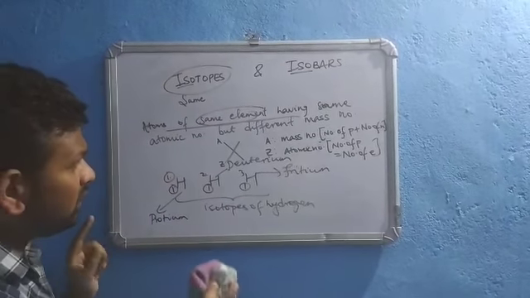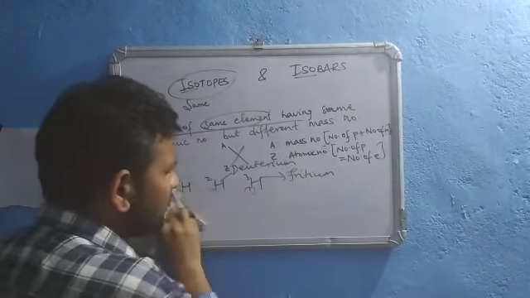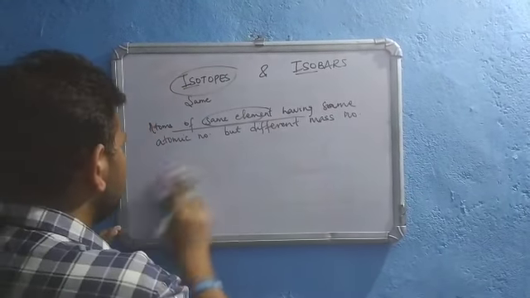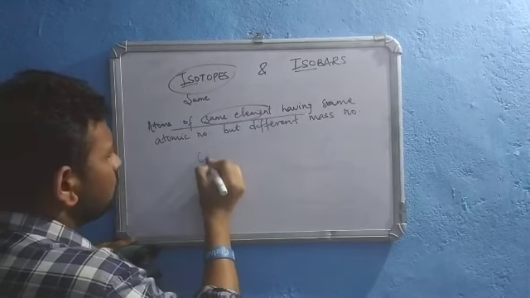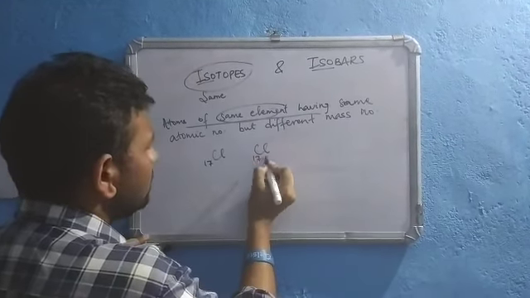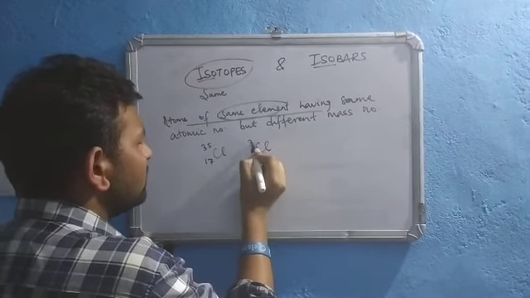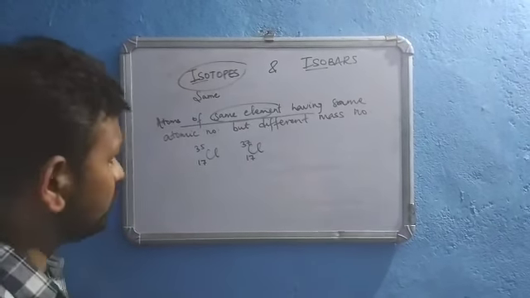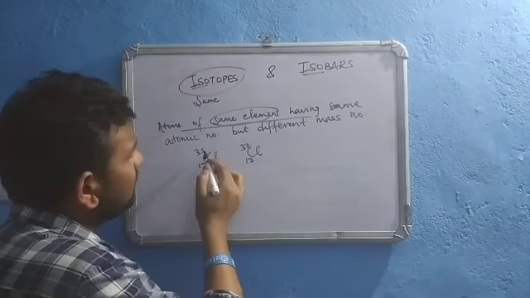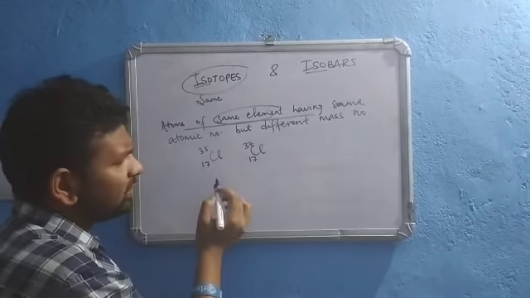Now let me talk about another isotope, which is isotope of chlorine. We have chlorine, atomic number 17, and mass number 35 and 37. So these are isotopes of chlorine, atoms of same element chlorine, and having same atomic number but different mass number.